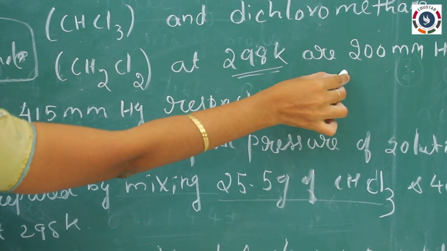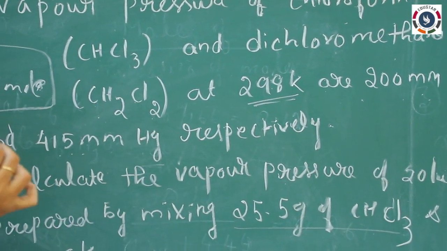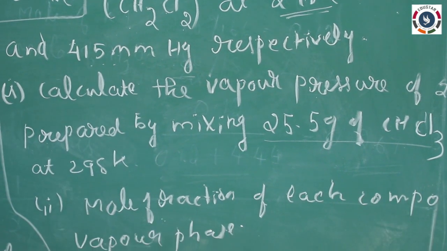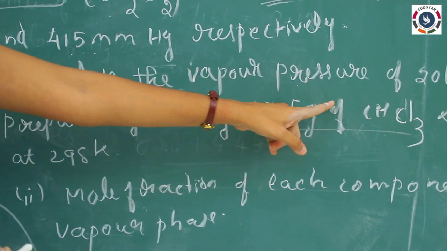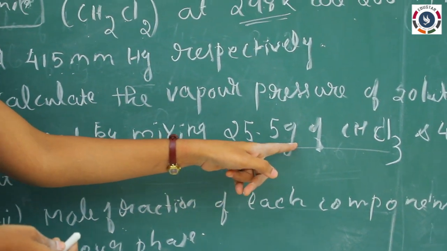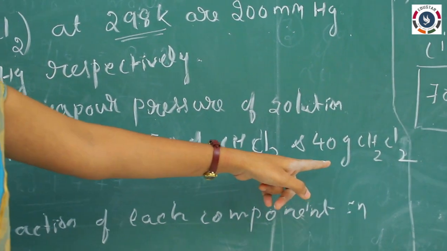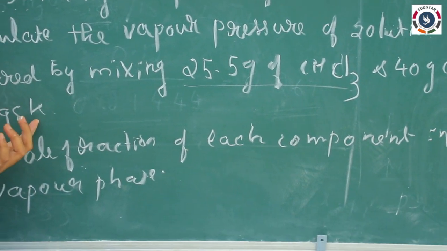So this 200 is meant for chloroform and 415 is meant for dichloromethane. They have asked to find out two things. The first one I am reading: calculate the vapor pressure of the solution prepared by mixing 25.5 gram of chloroform and 40 gram of CH2Cl2, that is dichloromethane, at 298 Kelvin.